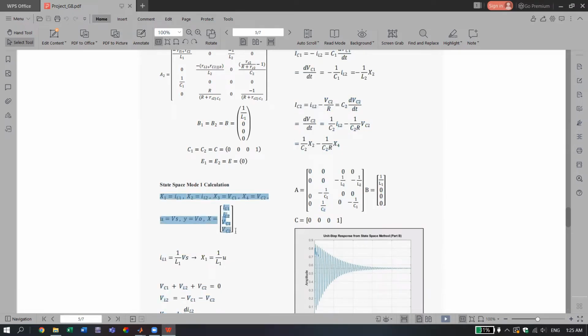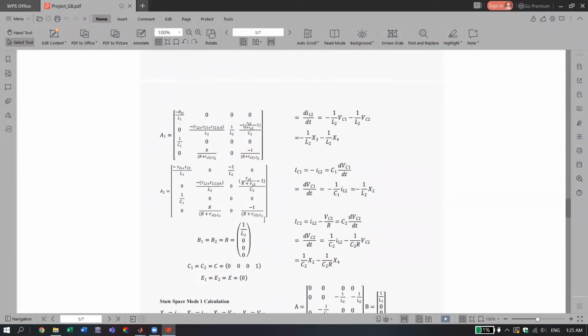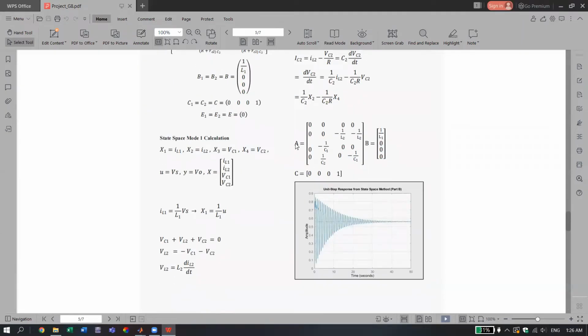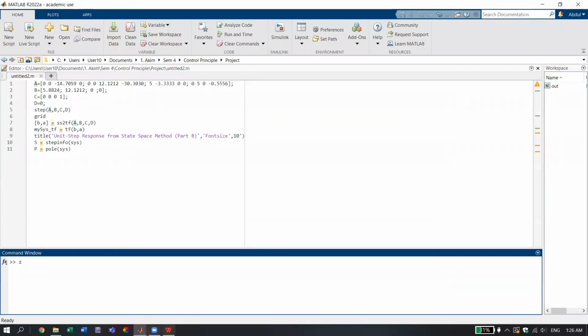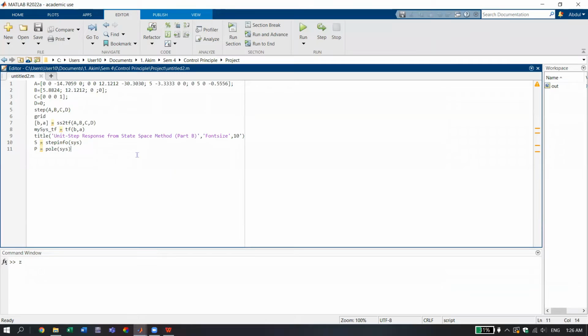For this I assume, to get an easier way to get the solution. Lastly, I will get it like this, and I will enter the values into the code in MATLAB to get the waveform, and this is the code for our project. After we calculate the state space, we will run it.